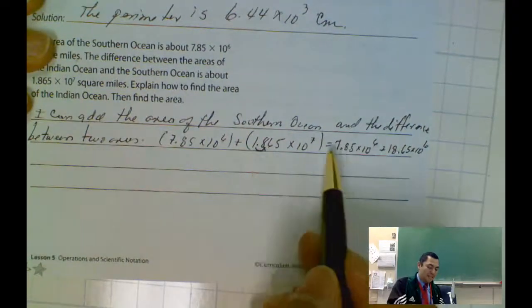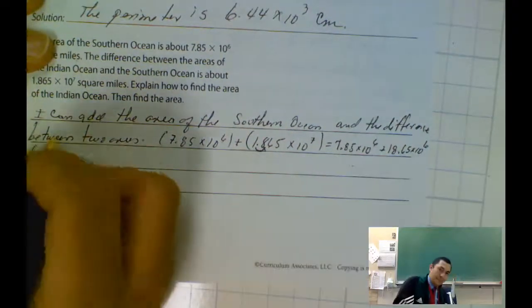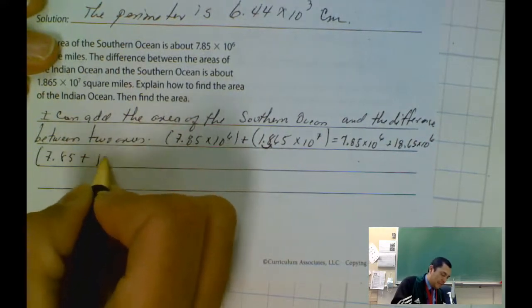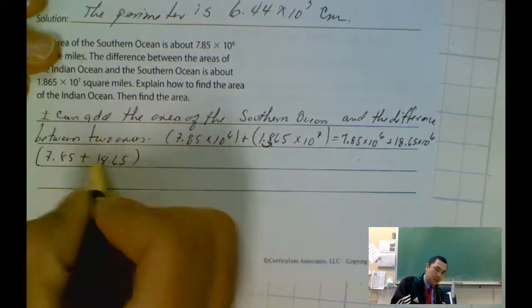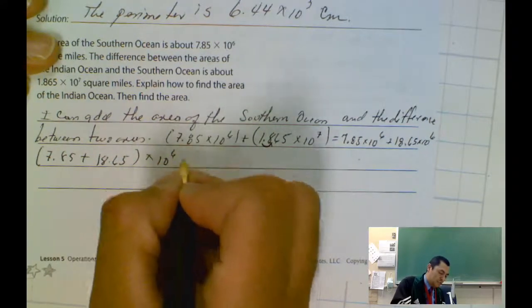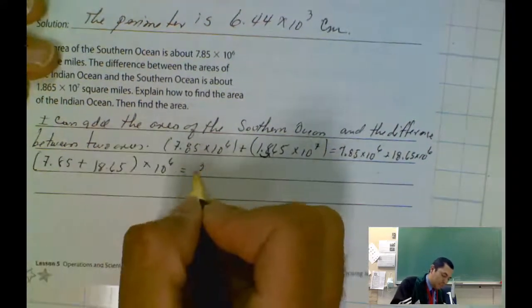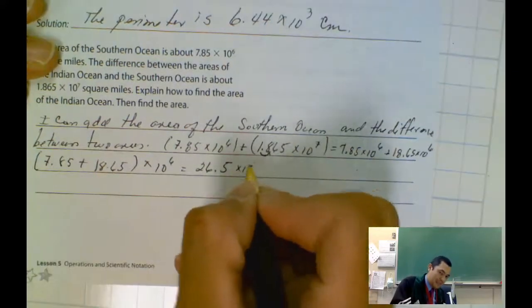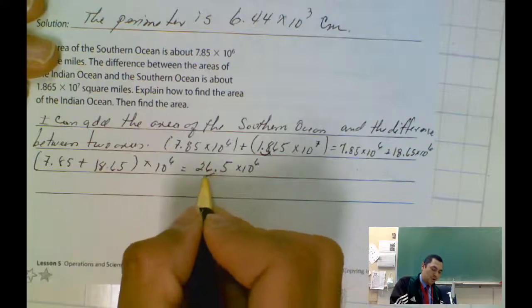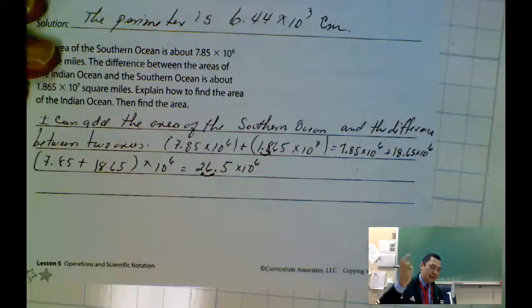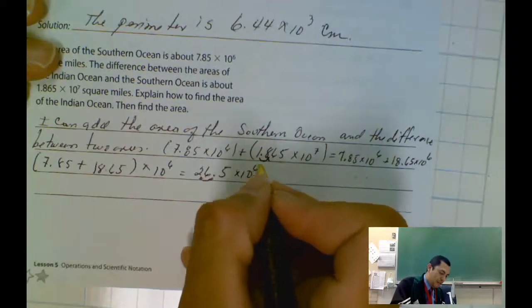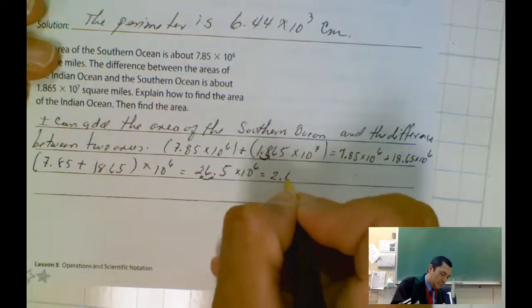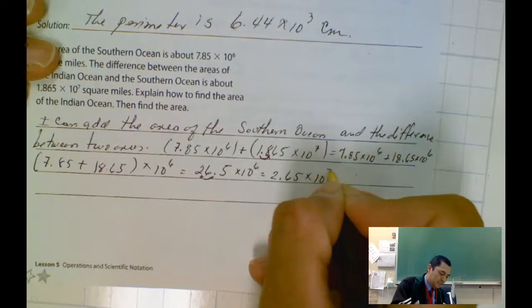So I'm going to add 7.85 plus 18.65. See, I'm adding those two times 10 to the 6th power. And this is equal to 26.5 times 10 to the 6th power. Move to the left. If you move to the left, you are going to get 1 plus 1 here. So it's equal to 2.65 times 10 to the 7.